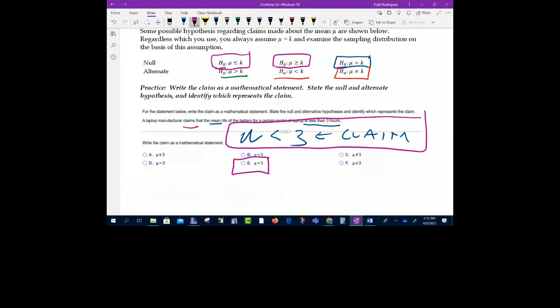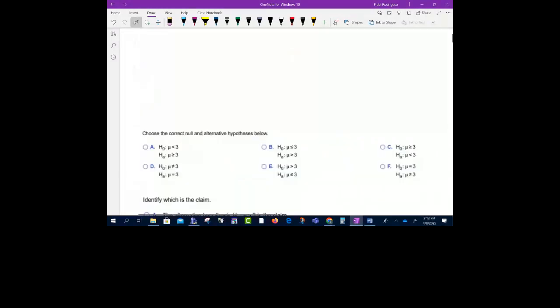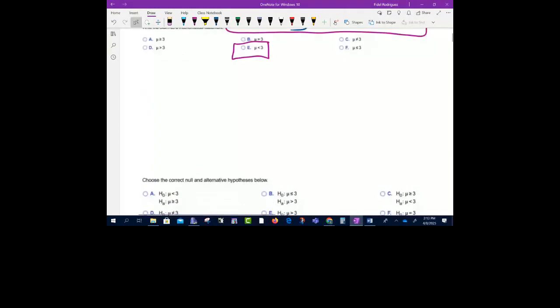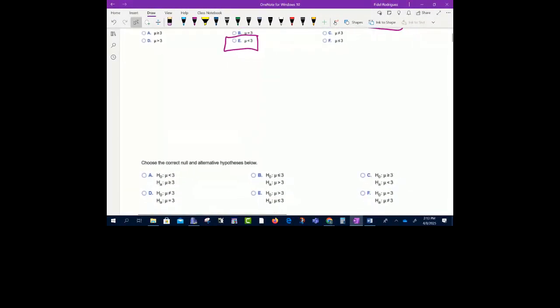I know on your notes it's probably the next page, but let's take a look at this. It says, choose the correct null and alternative hypothesis below. I'm going to try to keep everything on the same page. We chose E, so the claim was mu less than 3. Now we need to figure out which one is the H0 and which one is the Ha.